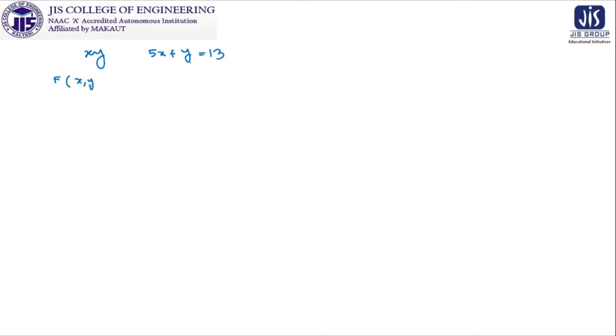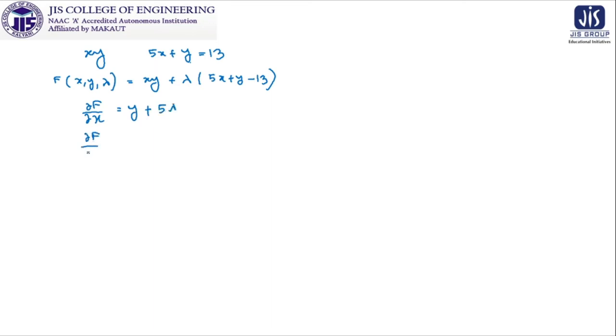So let us construct this function, capital F, as xy plus lambda into (5x plus y minus 13). So del F del x will be calculated. It will be y plus 5 lambda.